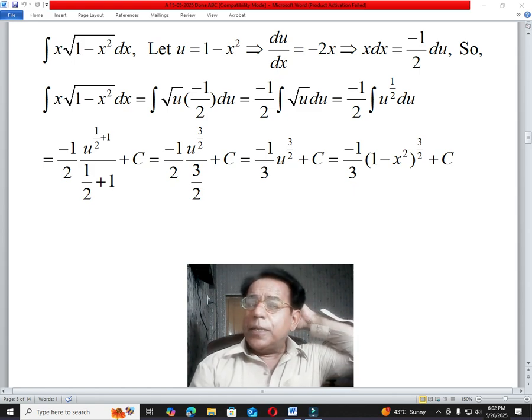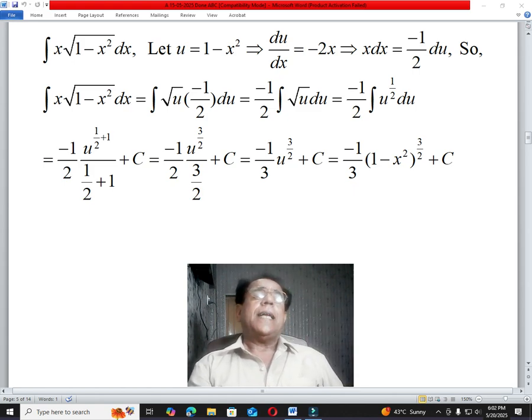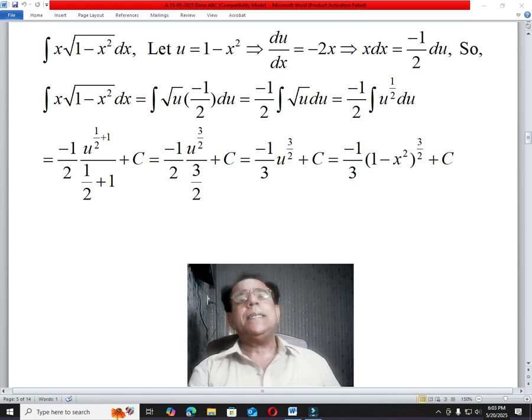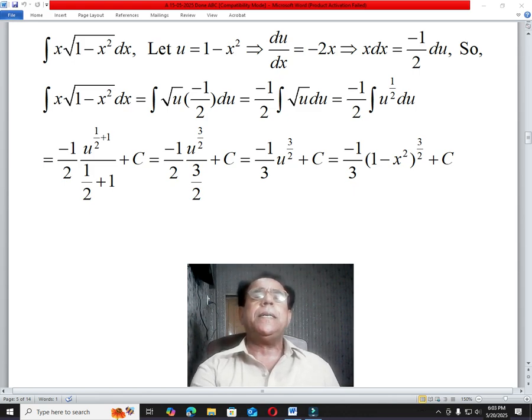Then the next step becomes, according to the power rule of integration, minus 1 by 2 u raised to power 1 by 2 plus 1, and this increased exponent will also appear in the denominator.